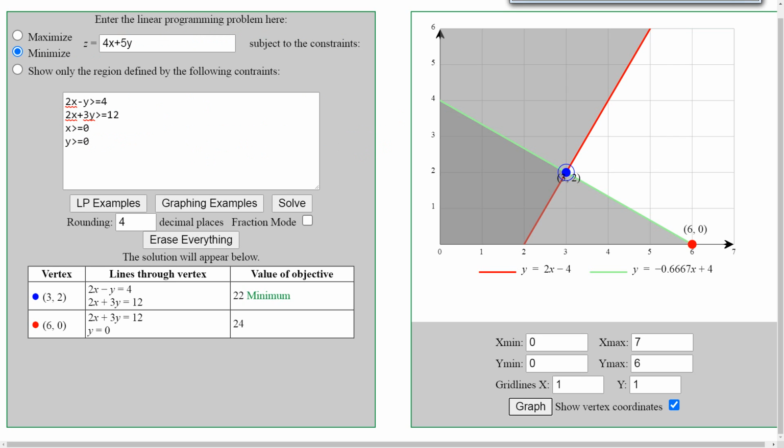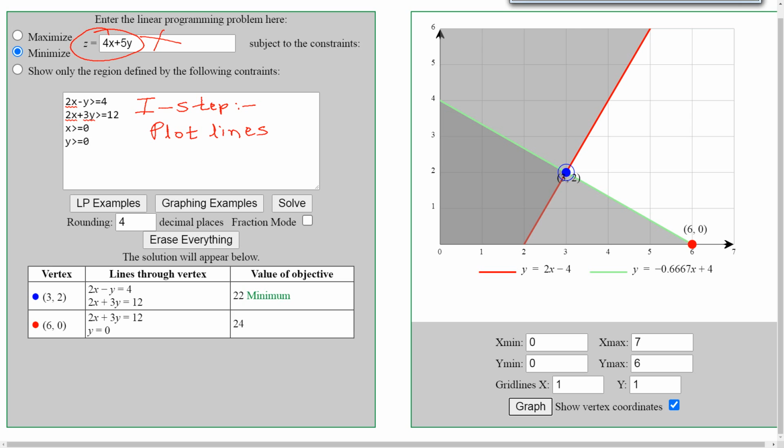First step is plotting lines for linear constraints. Which lines we have to plot? Note that z is equal to 4x plus 5y is not equation of line. So we can't plot this as a straight line.